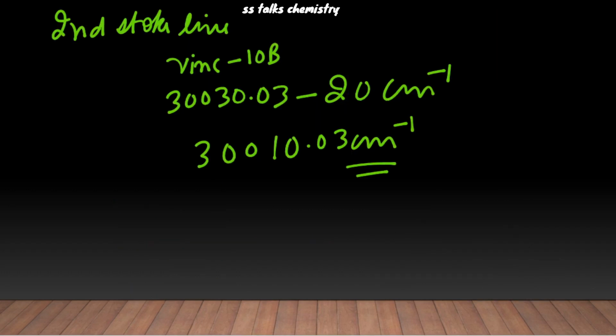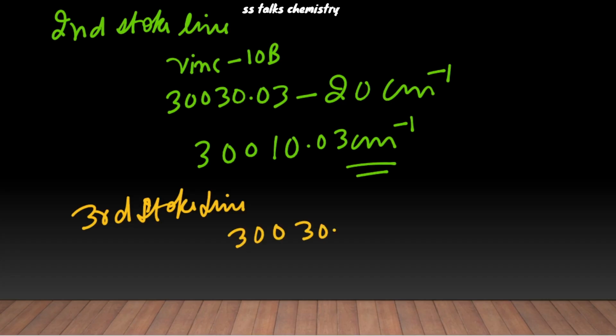But let's find the third Stokes line also. The third Stokes line is at a distance of 14B now. So 30030.03 minus 14B, so minus 28 from here.